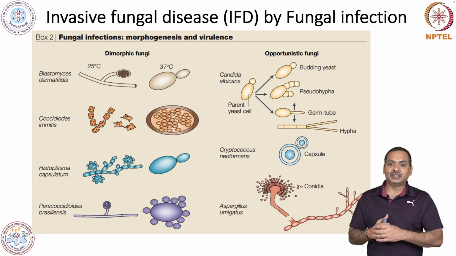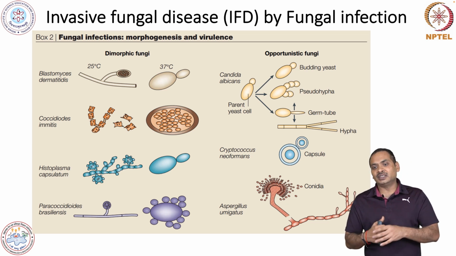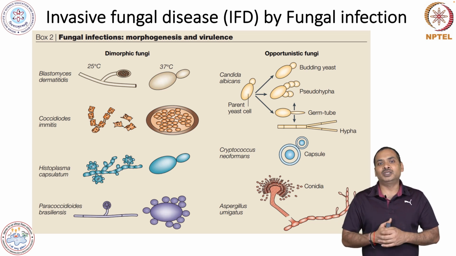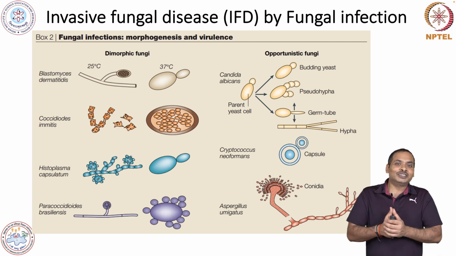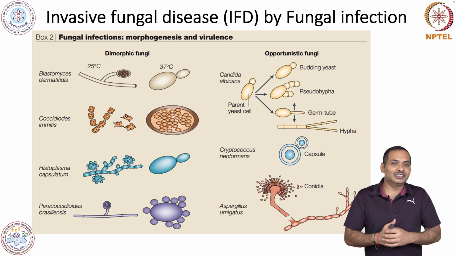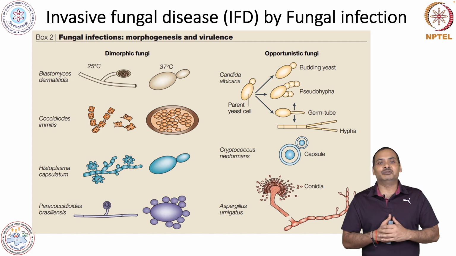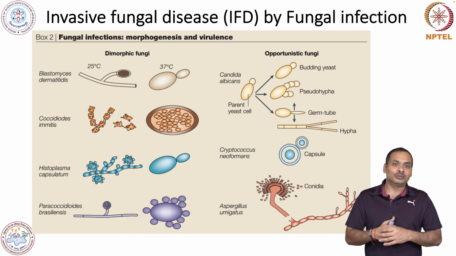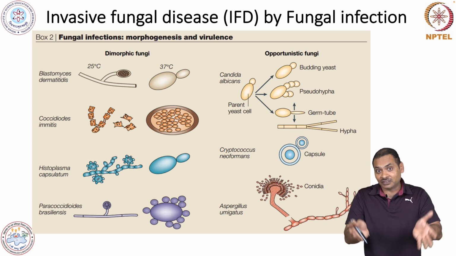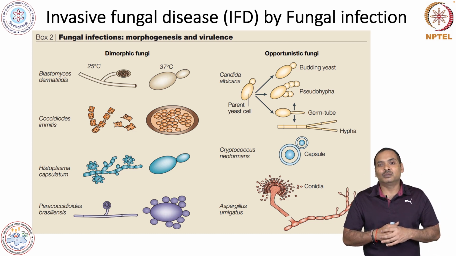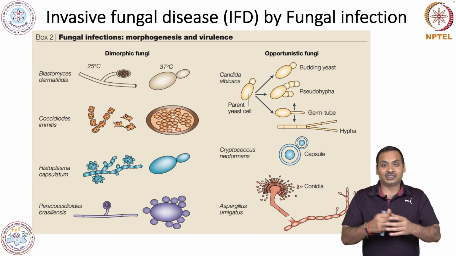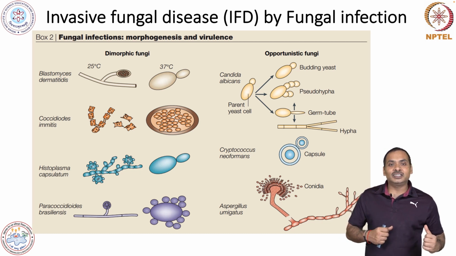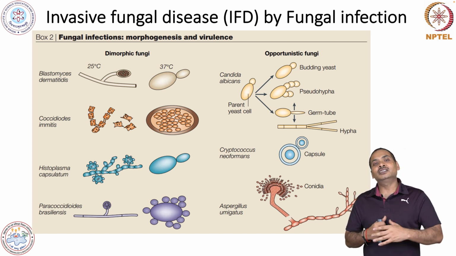Here you can see there is conidia and there is hyphae with septa. This is a very good strategy of fungus to evade the immunity. Different morphological forms will definitely have a different biochemical composition and different virulence factors. So this is a very easy way to evade the immunity.